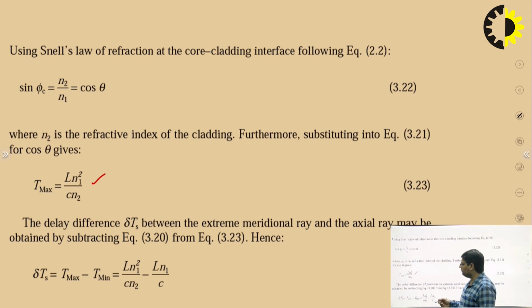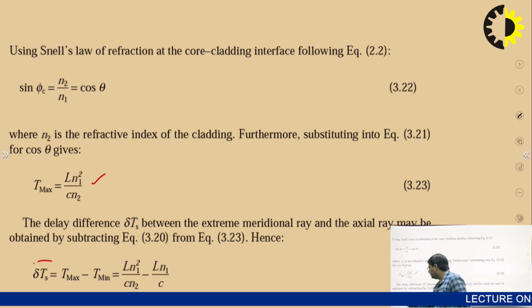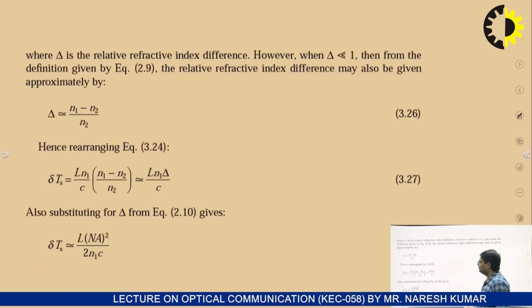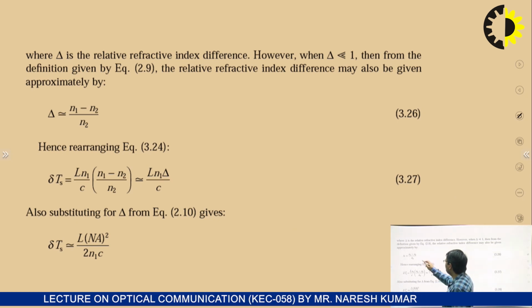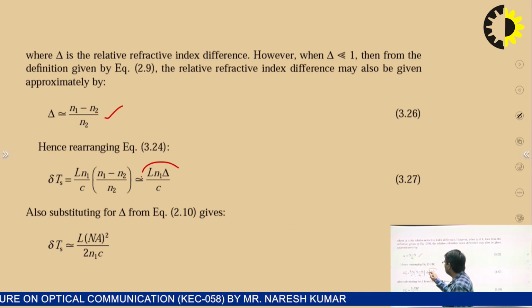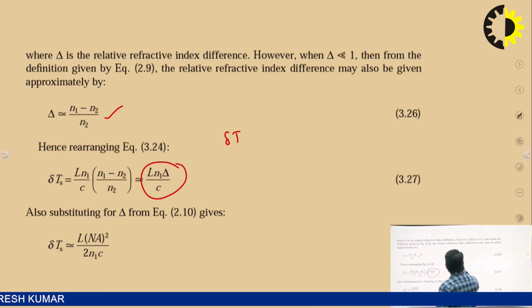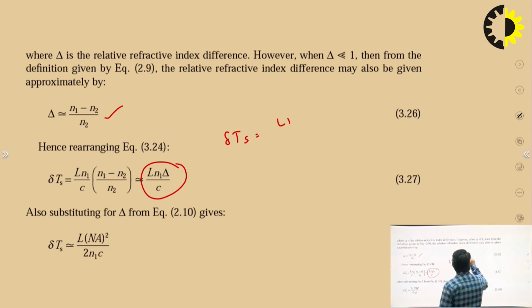We have calculated T minimum. So we can calculate the propagation delay difference between the two modes, the fastest mode and the slowest mode, that is T max minus T minimum, given by this. Finally, putting the value of delta, we can get the propagation delay difference between the two modes in terms of delta, L n1 delta by c.